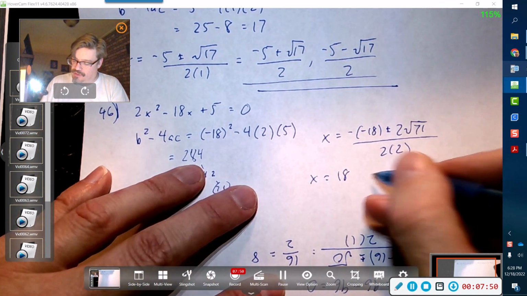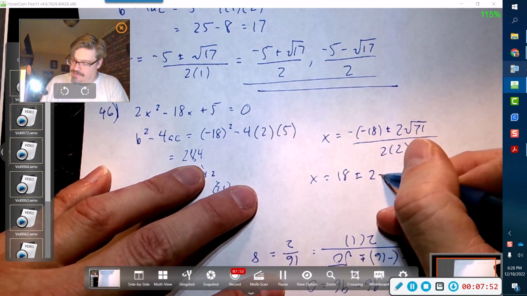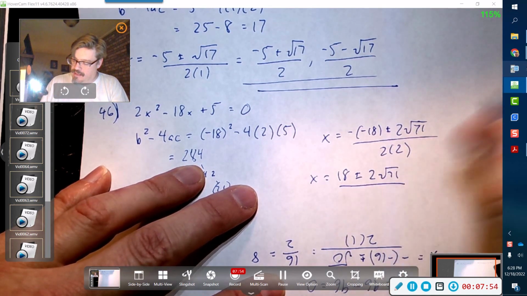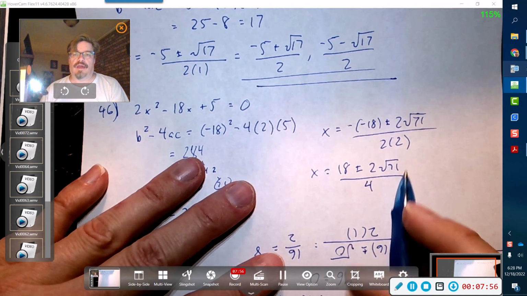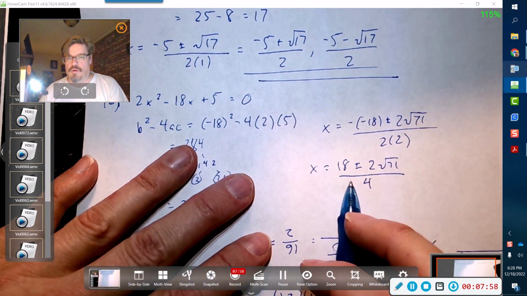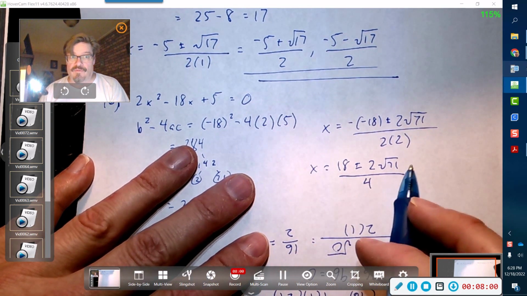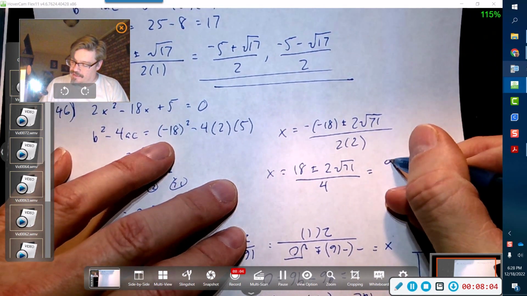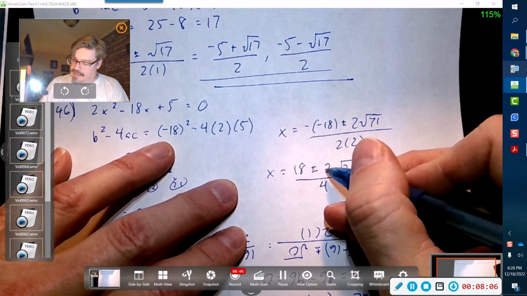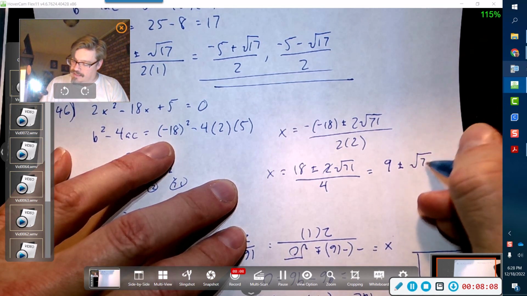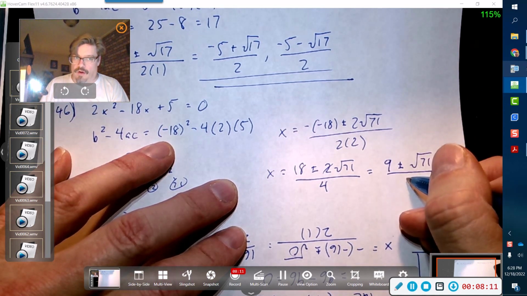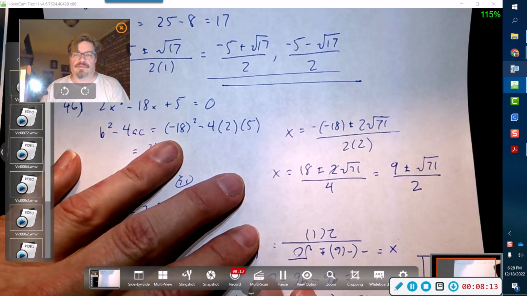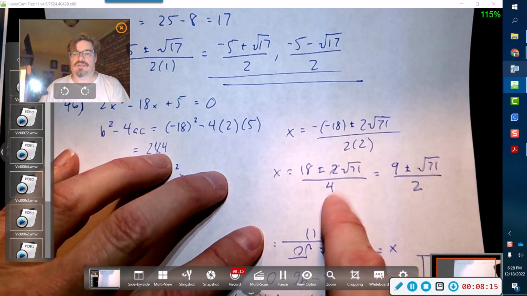I want to make sure that I've got everything organized and clear, okay? And I can notice that 2 will go into all 3 of these, leaving the radical 71 alone. Alright, I'm going to divide everything by 2 and get a 9 plus or minus radical 71 over, not 4, but 2. I'm dividing everything by 2. So this guy did actually cancel out.